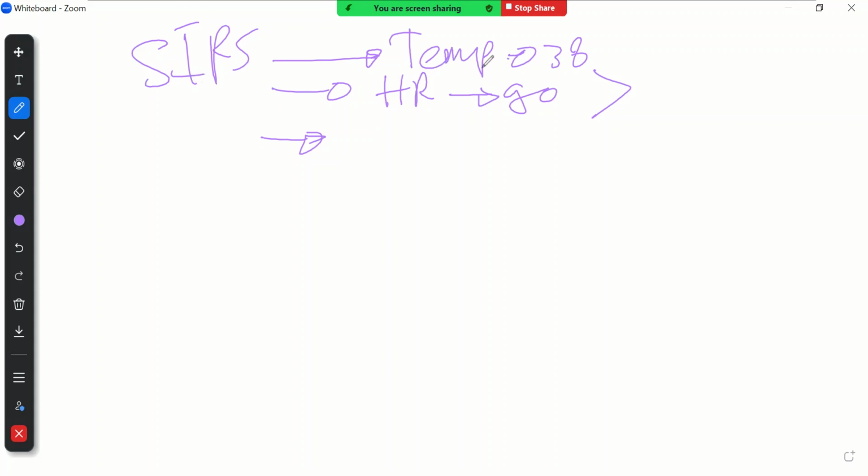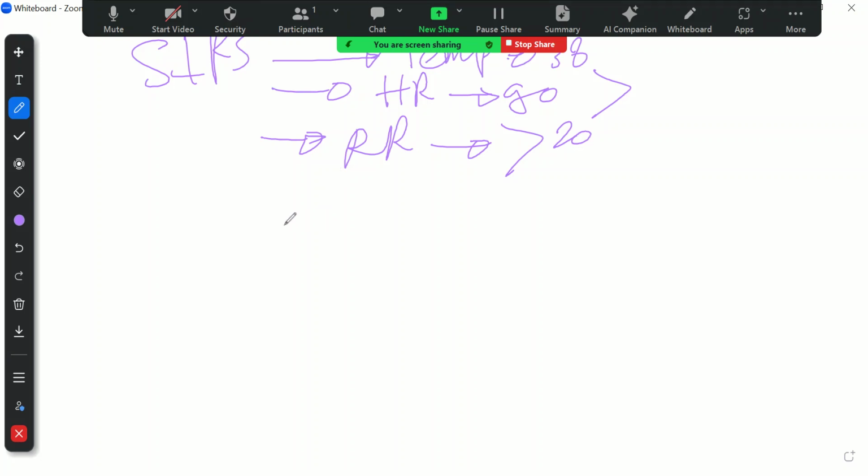What are the next ones? Respiratory rate more than 20. What else? White blood cells more than 12,000 or below 4,000.